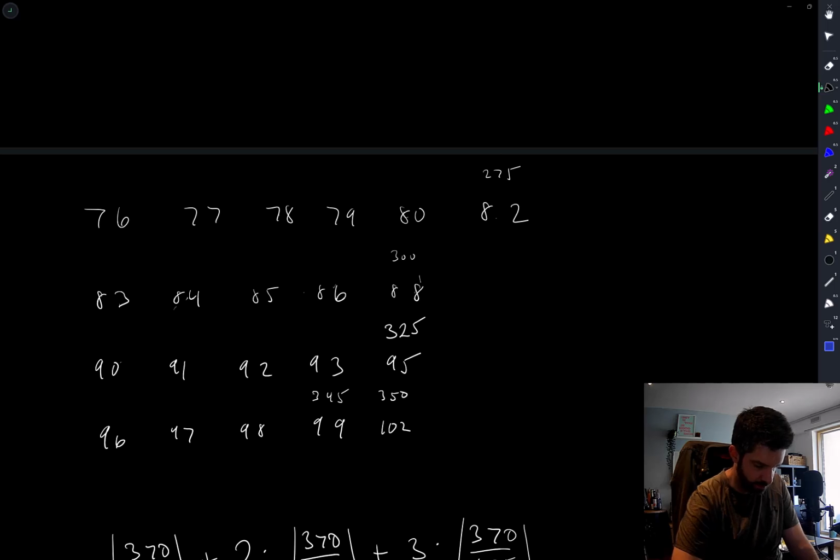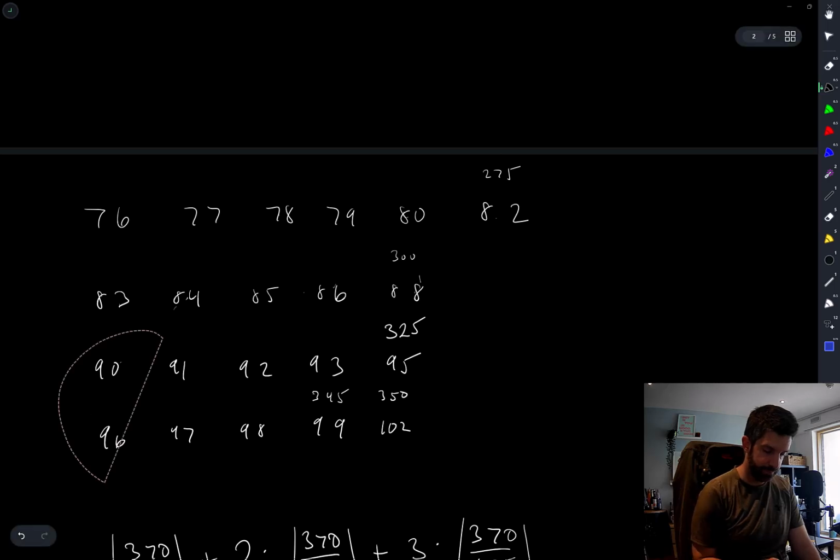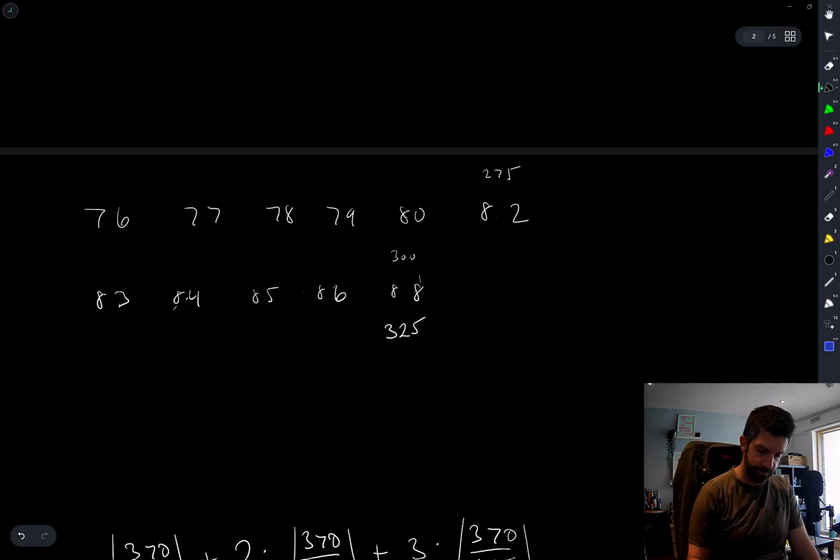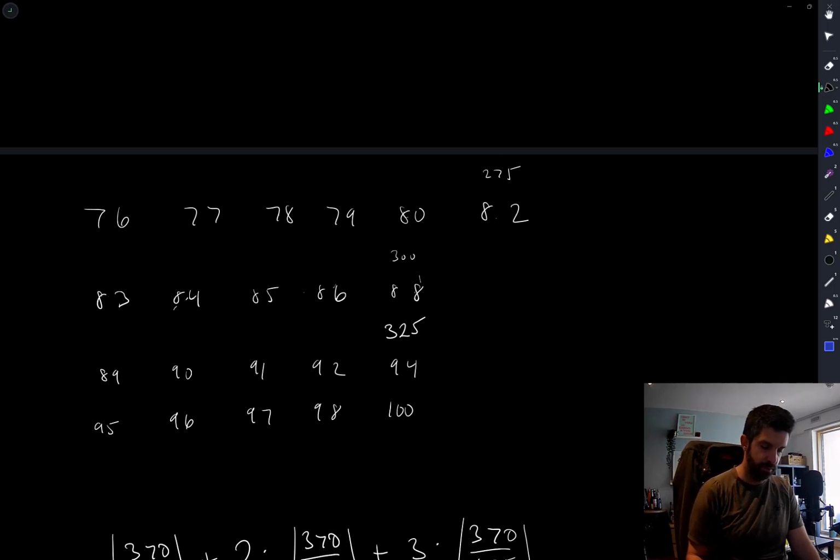Eight. Oh, man. I wrote up my table incorrectly. 89, 90, 91, 92, 94, 95, 96, 97, 98, 100. Okay, so I think the answer is 0, in fact.